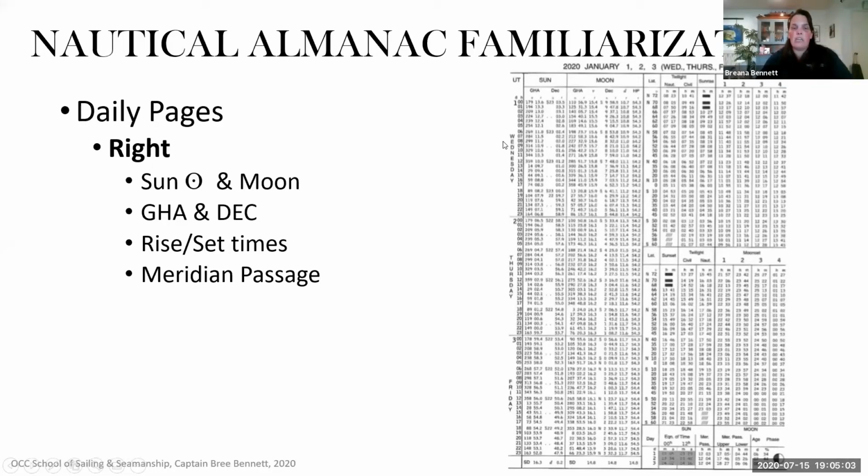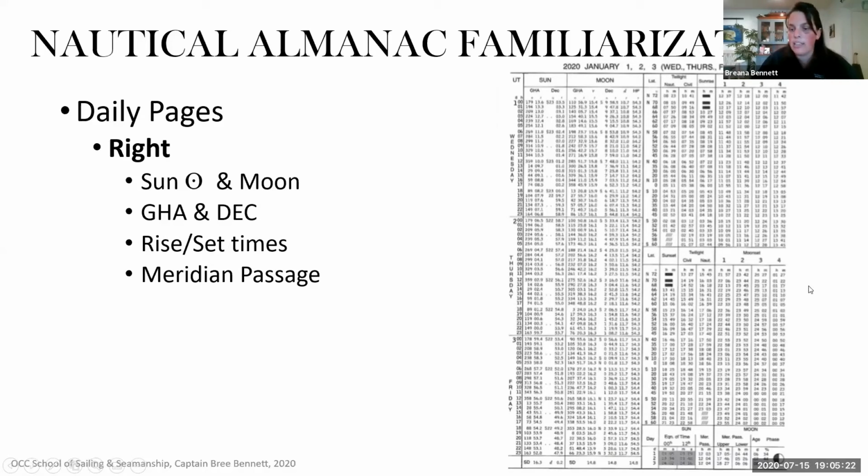Now we're moving to the right side. The right side has the sun, so we have the geographic position. We have the GHA and declination of the sun for all 3 days at every hour. We have the GHA and the declination of the moon.